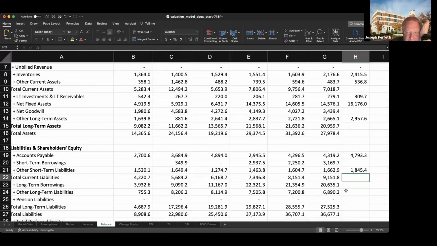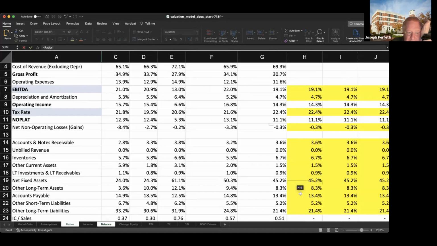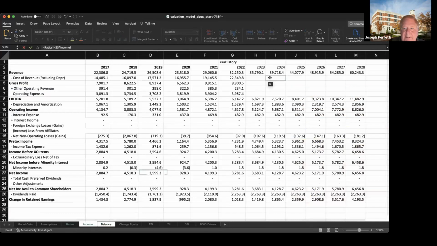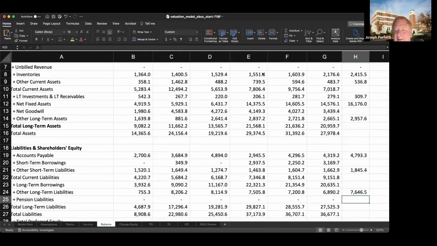And then we have our other long-term liabilities, which is the last ratio. So equals ratios H23 times income H3, 7,646.5 of other long-term liabilities.